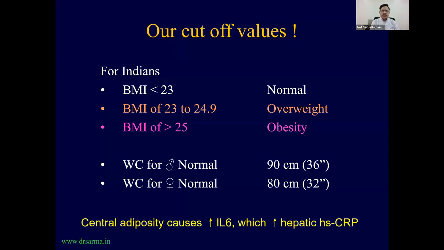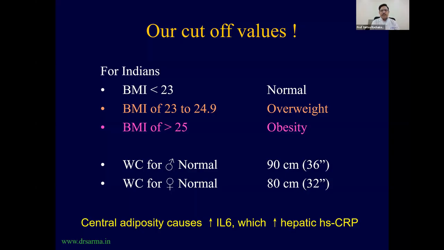And again, the waist circumference is a very important measure of central adiposity and obesity. Waist circumference for men is normally 90 centimeters, that is 36 inches, and waist circumference for women normally is 80 centimeters or 32 inches. Now we have to find out which woman has got a 32 inch waist and which man is stopping with a 36 inch waist.